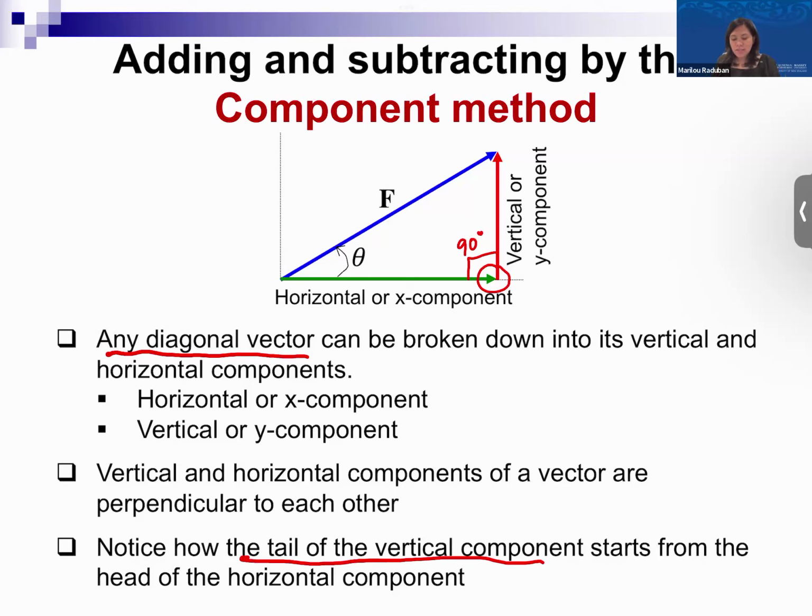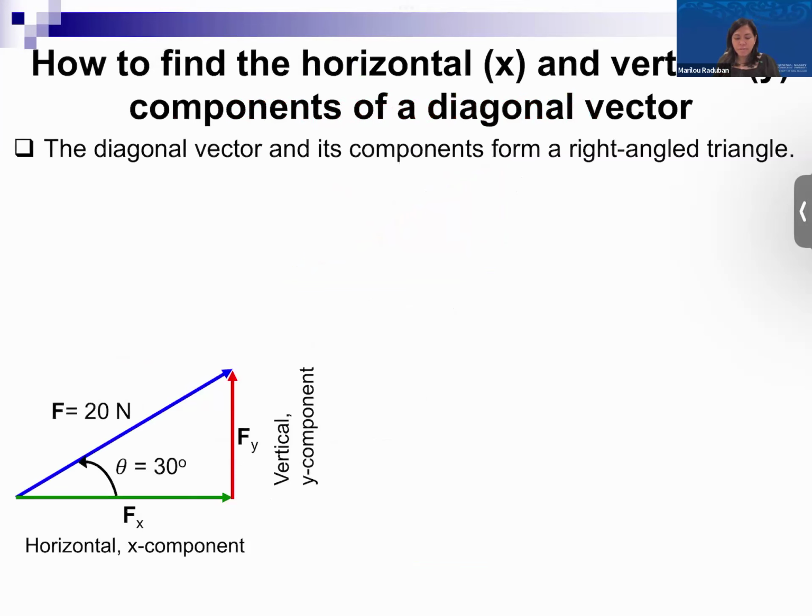Okay, the question is, how then do we calculate the horizontal or x component and the vertical or y component of any diagonal vector? So we'll need some trigonometry to calculate the horizontal and vertical components of a diagonal vector.